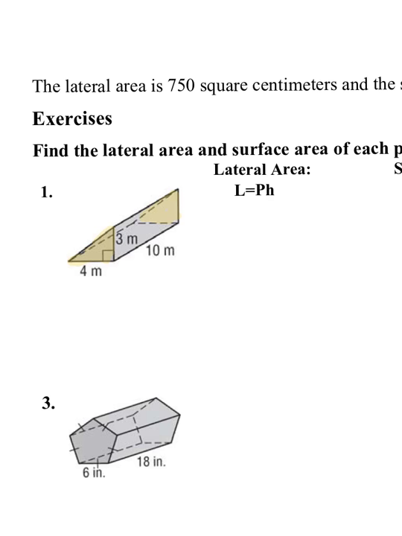So 3 and 4, if they're legs of a triangle, we should have memorized that 3, 4, and 5. That's a perfect trio there. So if I was doing the perimeter of the base, perimeter is going to be 3 plus 4 plus 5.